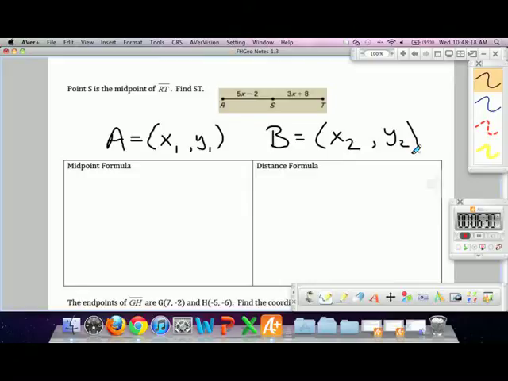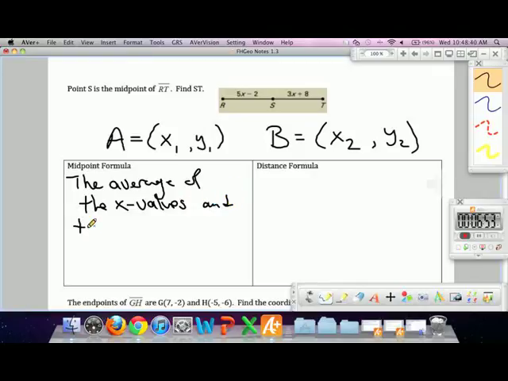The midpoint between 2 points is the average of the x values and the average of the y's. So I'm going to figure out what the average of my x values is and the average of my y values. As a formula, it looks like this.